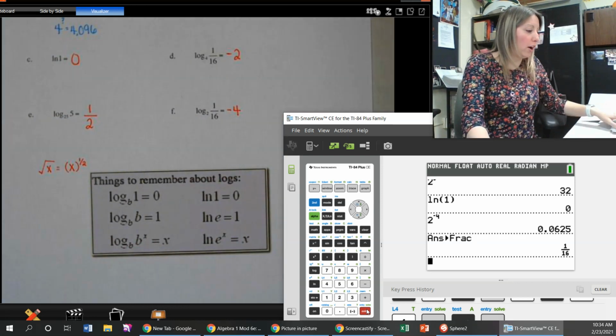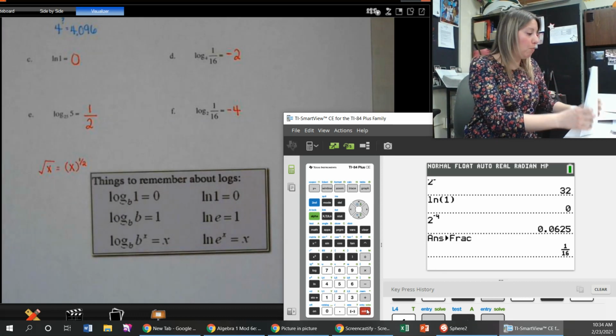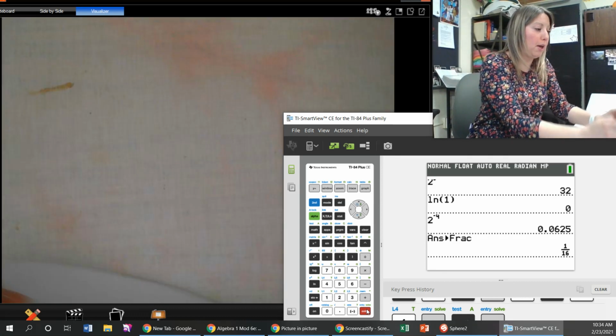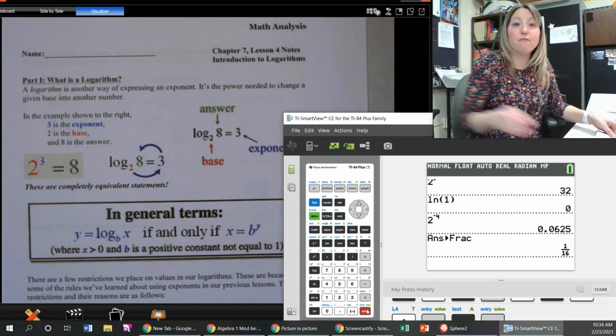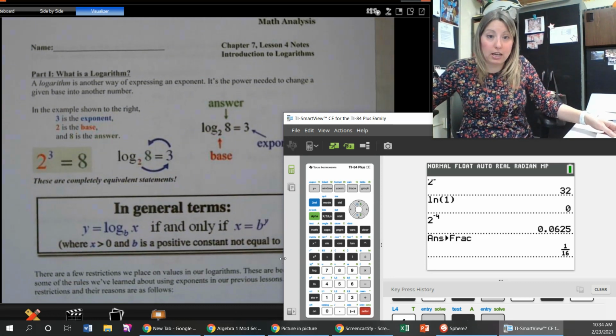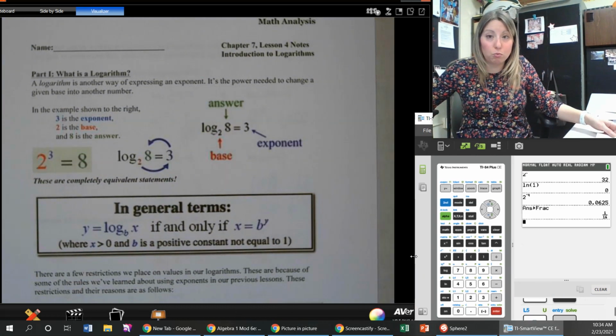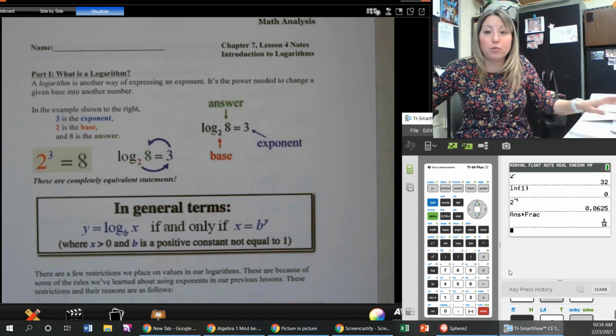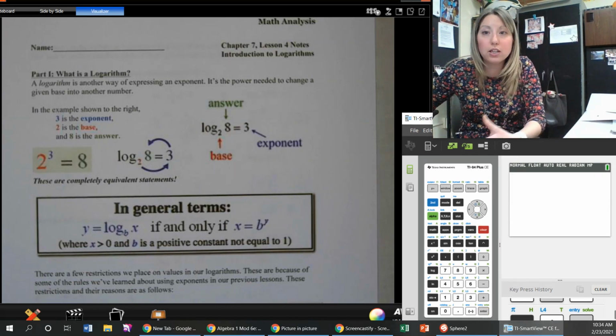So right now, your homework is just convert back and forth and evaluate. That's it. The 3 exercises we did, that's our beginning of logs, and we're going slowly into this.